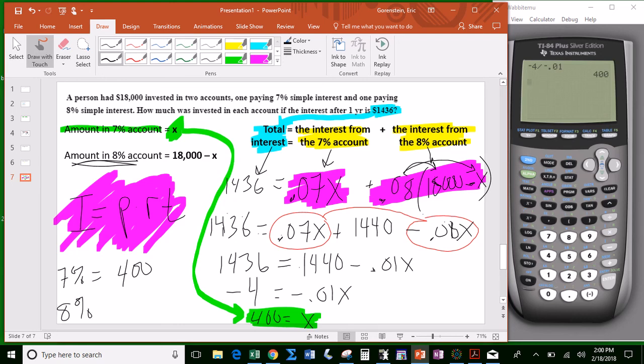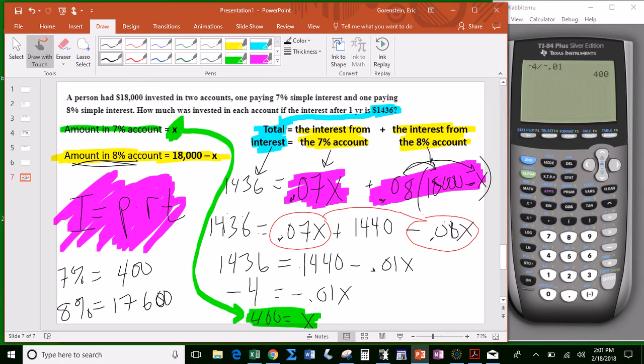And the rest is, let's use yellow for the rest. This is the rest. 18,000 minus whatever was used in the 7% account, in this case is 400 bucks. So 18,000 minus 400, or if you pop that into the calculator, you should get $17,600.